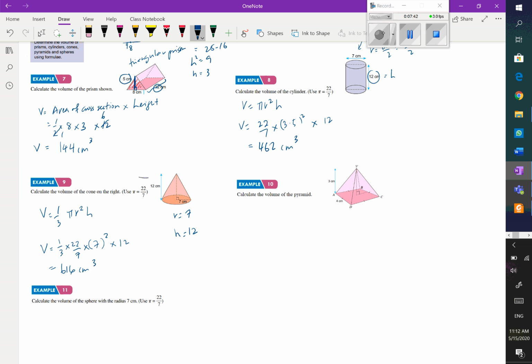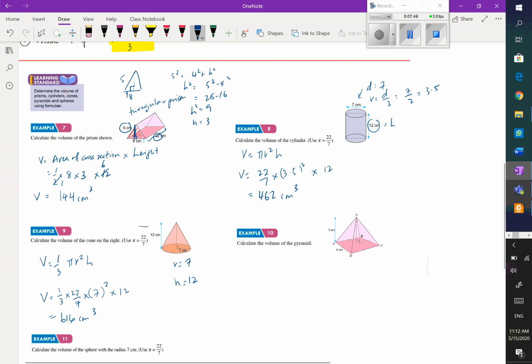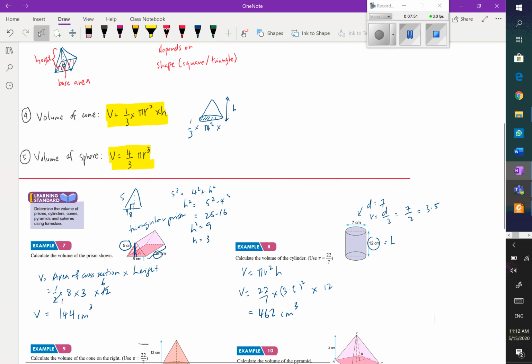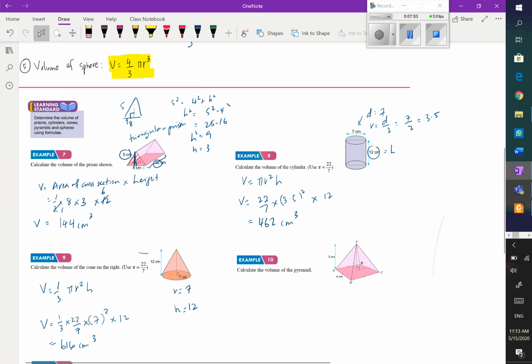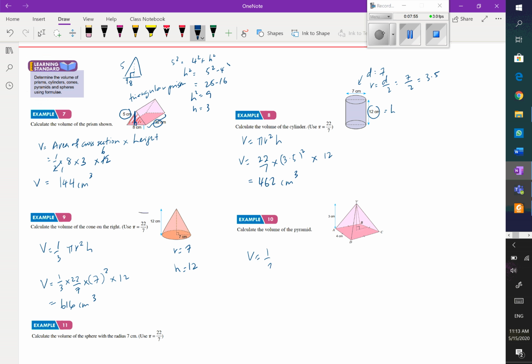And then next, how to calculate the volume of the pyramid. So pyramid formulanya adalah V equals to 1/3 darab base area darab height.